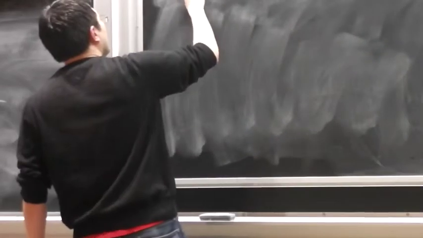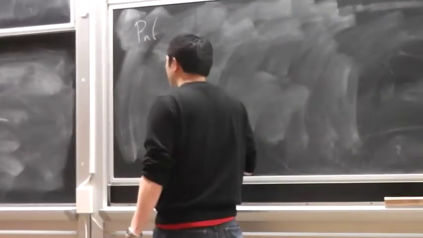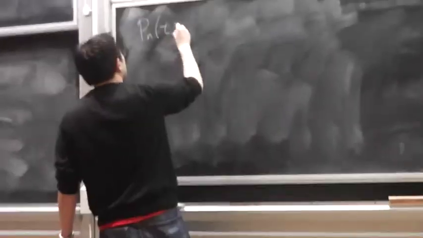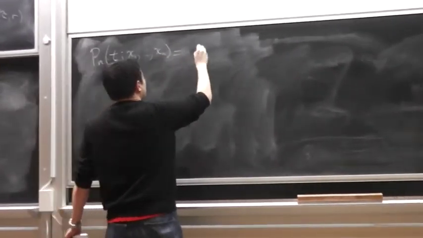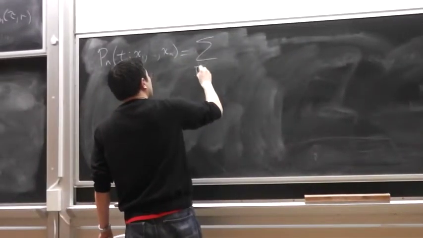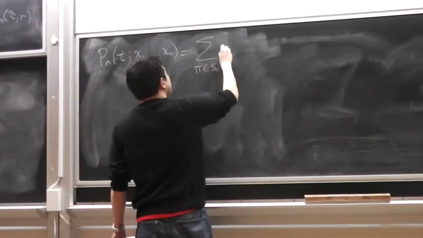From here, I'm going to define a polynomial in these variables that are just the sum of the weights.